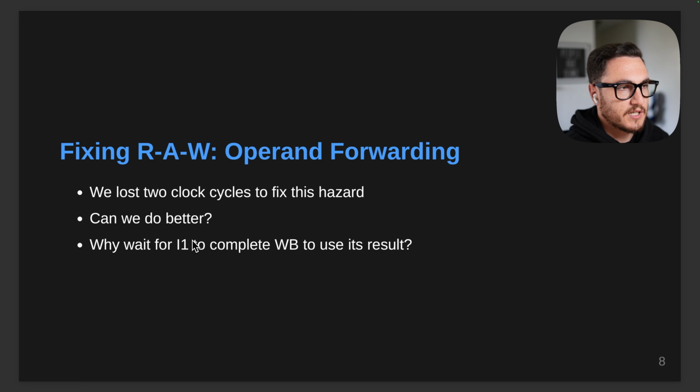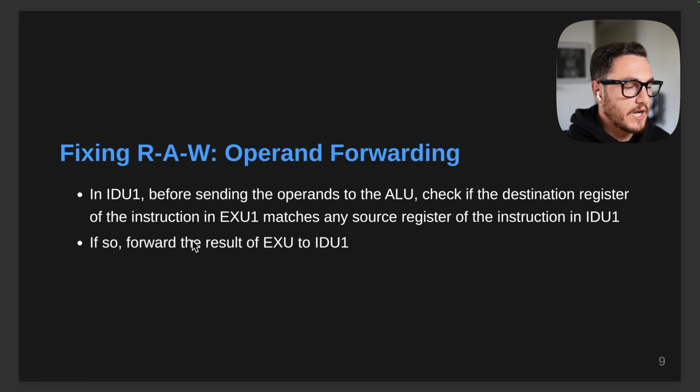But can we do better than that? Because we lost 2 clock cycles to fix this. Why wait for I1 to complete write back, so for the result to be microarchitecturally visible inside the register file, to use the result while it's there? So how do we fix the read after write without taking a performance hit in this particular case?